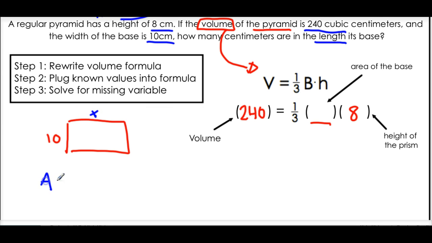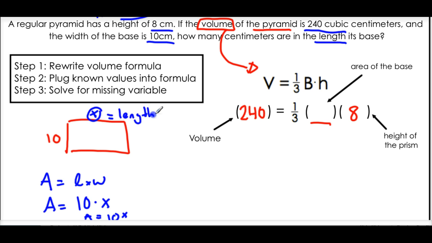To find the area of the base, it's length times width, because this is a rectangle. So the area is 10 times x, which gives us 10x, and x is our length. That's what we're looking for. So for the base, we plug in 10x, because that's the area of it so far.